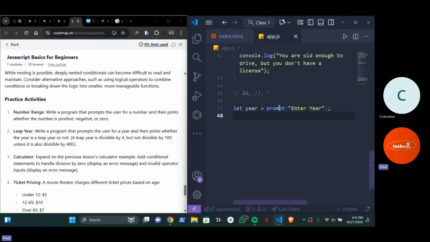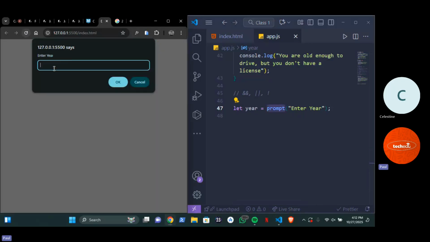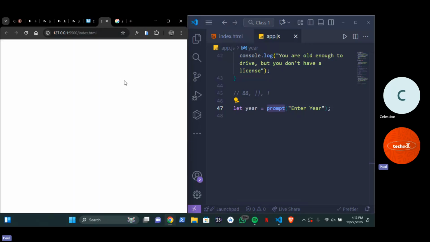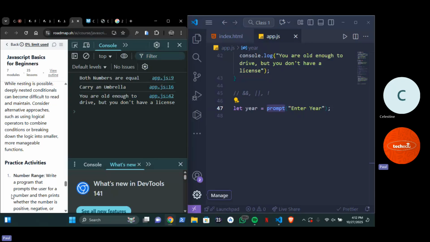Prompt is used to ask the user questions. So you've probably seen pop-ups like this before. It says enter here. You see pop-ups like this before, right? But you now enter it, and then there's a result. You understand? That's what prompts are. So it's saying that ask.